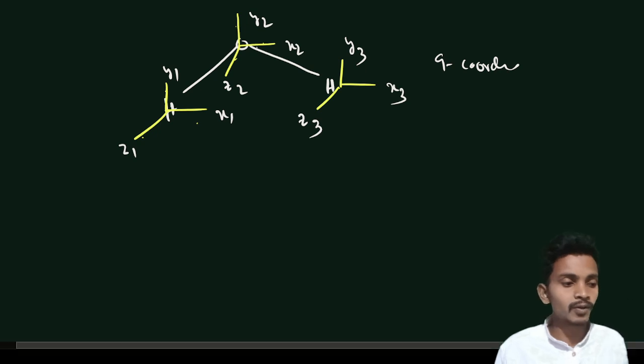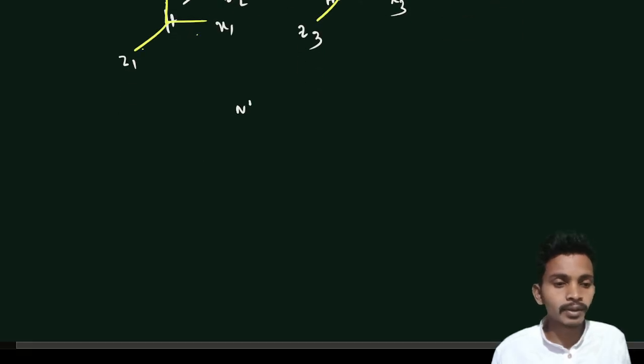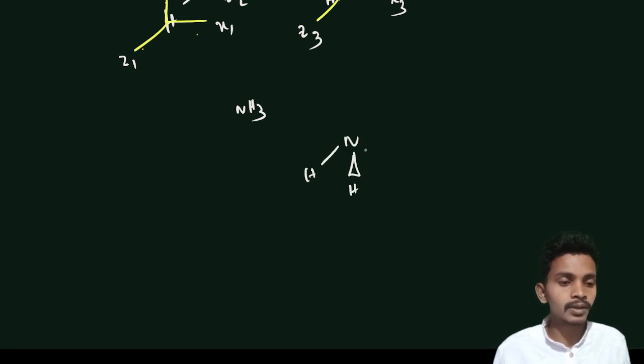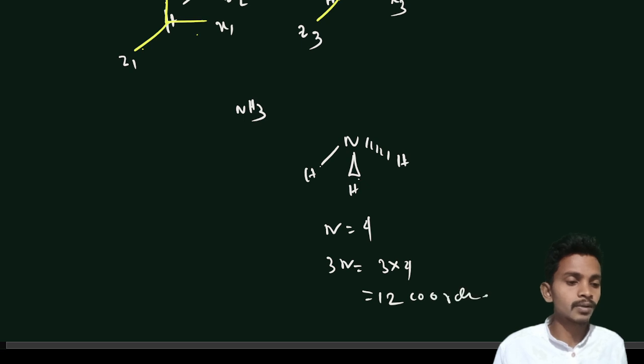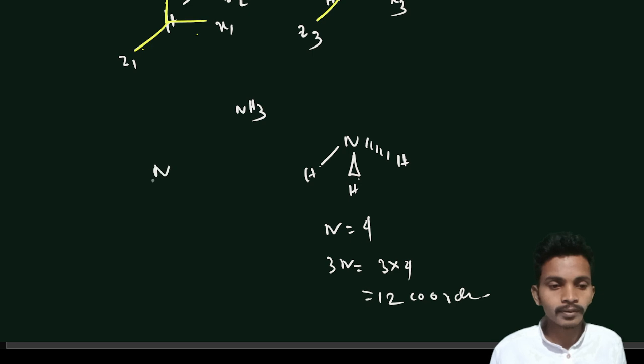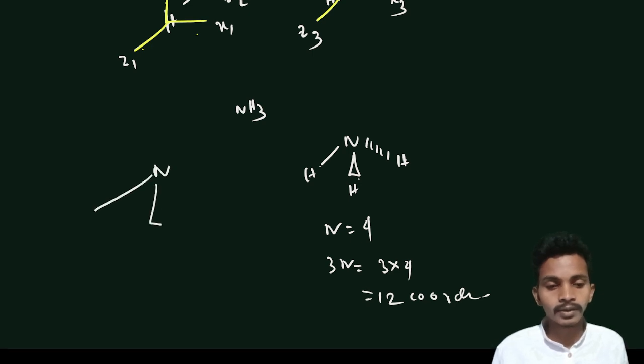Similarly, if you take ammonia, let's say ammonia, so here will be N, H, H, H. So how many atoms? N equals the total number of atoms present in the molecule, 1, 2, 3, 4. So 4, and 3n is 3 into 4, that is equal to 12 coordinate systems. I can represent nitrogen, hydrogens, hydrogens, hydrogens.